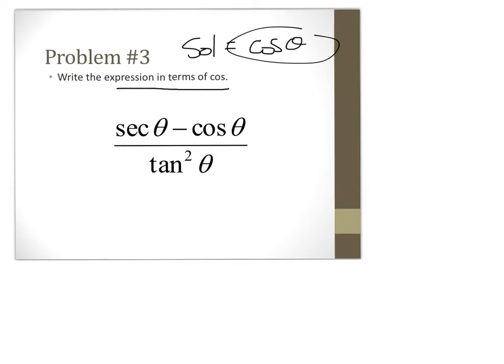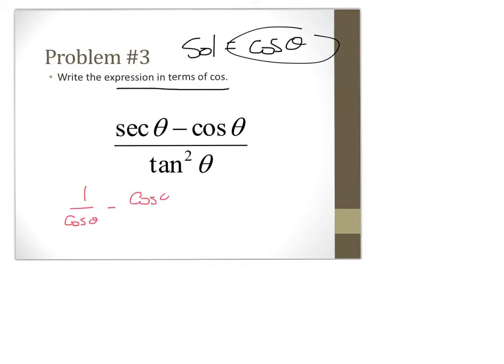So what I'm going to do here is the tangent squared. There's a Pythagorean identity for that, but I'm not going to use it because I see some stuff with the top that might be worth working with. I know that's redundant, but secant equals 1 over cosine of theta.